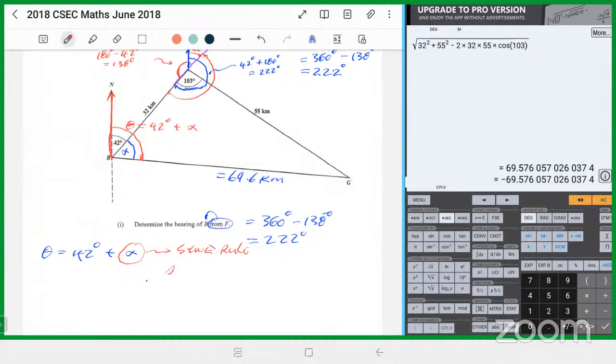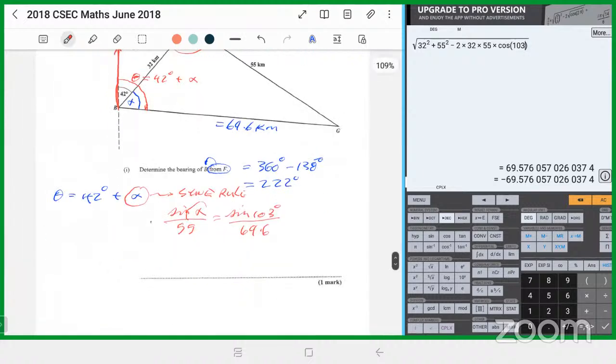Sine of alpha over the side opposite, which is 55, equals sine of the angle that we know, which is 103, over the side opposite, 69.6.